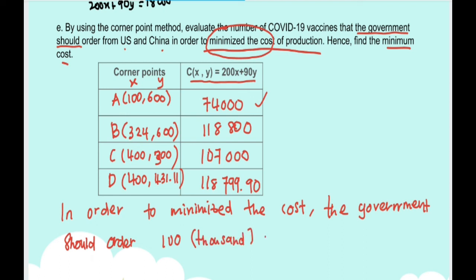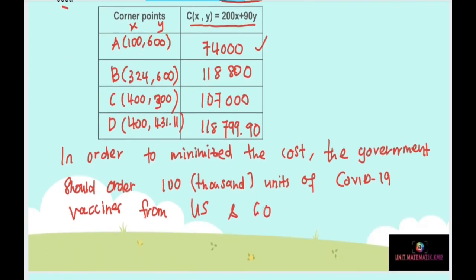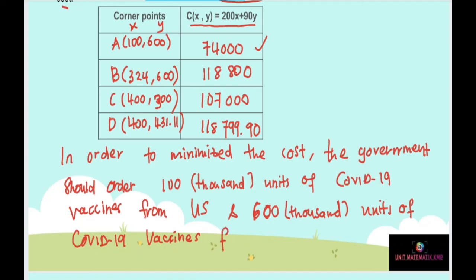So you should put 100, with 1,000 in the bracket, units of COVID-19 vaccines from US and 600, with 1,000 in the bracket, units of COVID-19 vaccine from China.